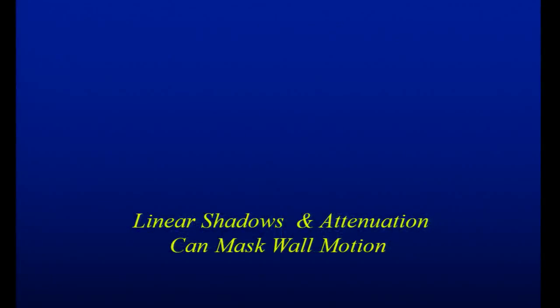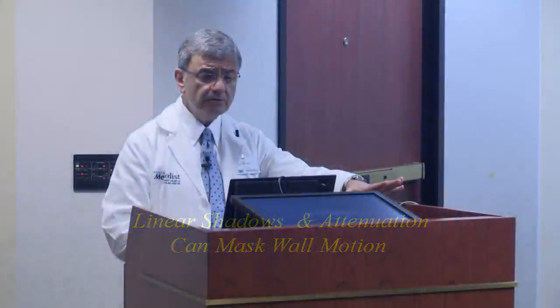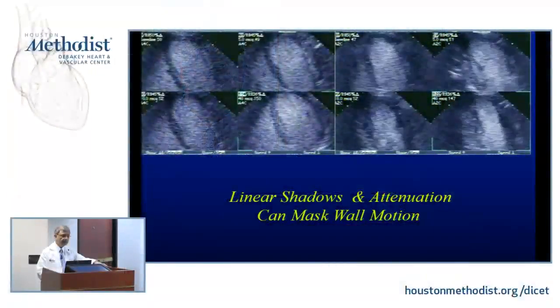Now, not everything is hunky-dory with contrast. And I think you need to know that, because contrast can have some issues with it and can fool you at times. Contrast is great for apical issues.